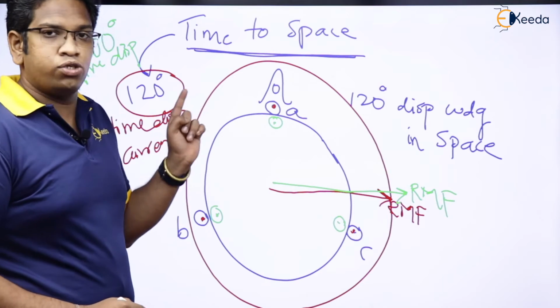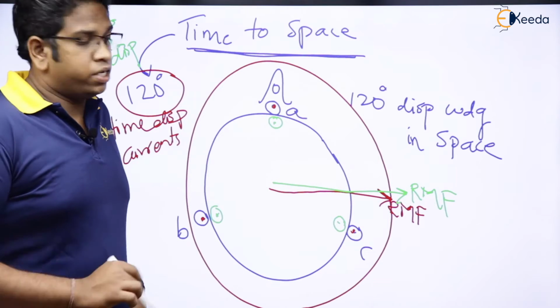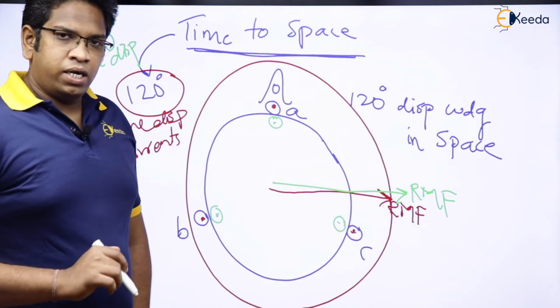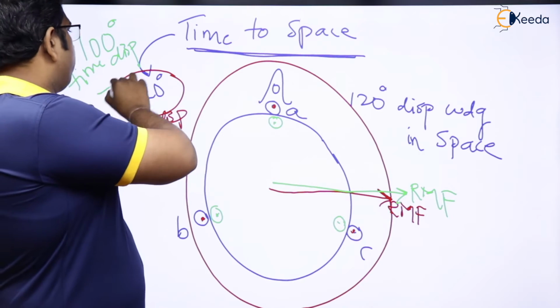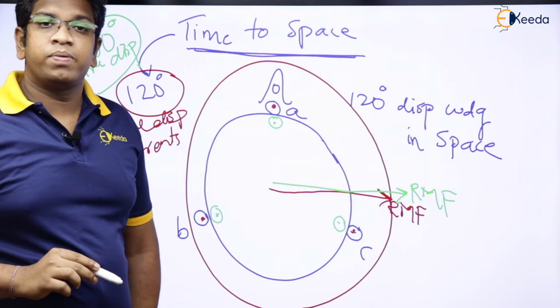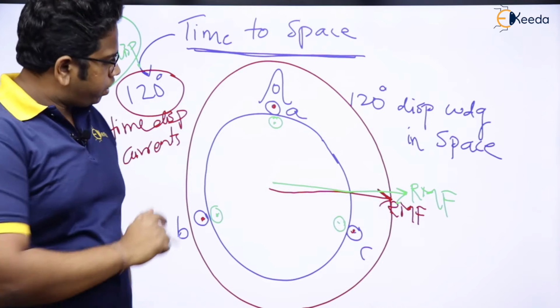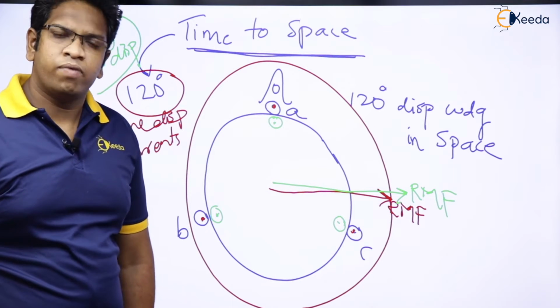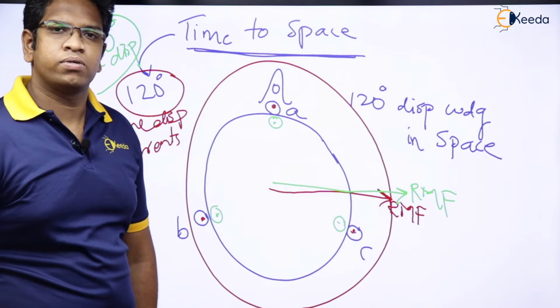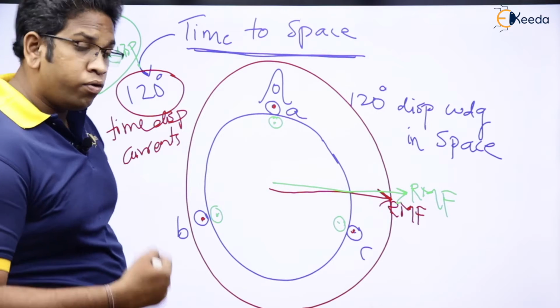So there has to be some or the other RMF. But now, do you think that the nature of the RMF which is developed because of 100 degrees time displaced currents will be the same as with 120 degrees time displaced currents? What do you think? Will it be the same? Of course not. Then how will it be?